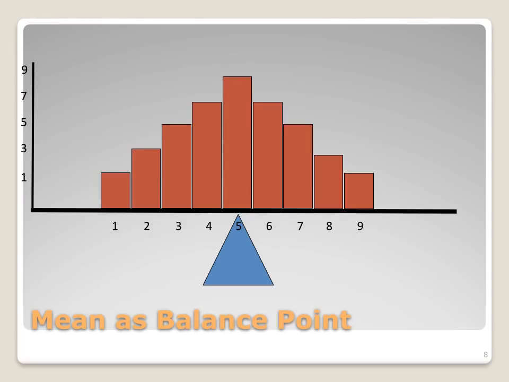So with normal distributions, we would find that the mean, the median, and the mode are the exact same score. With this normal distribution, we find a mean of 5, a median of 5, and a mode of 5.